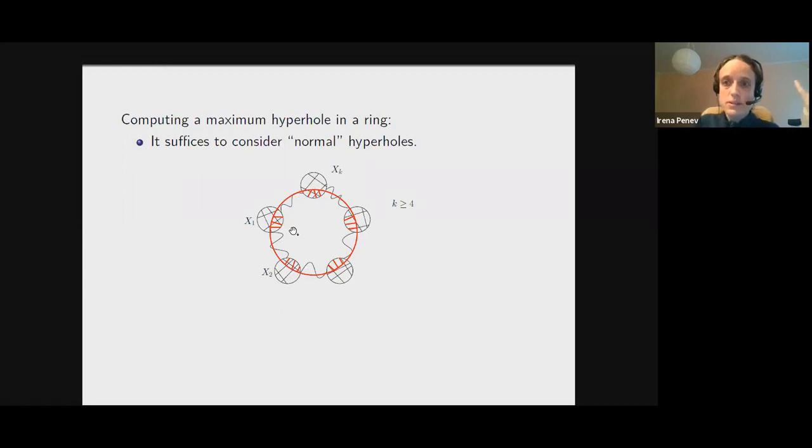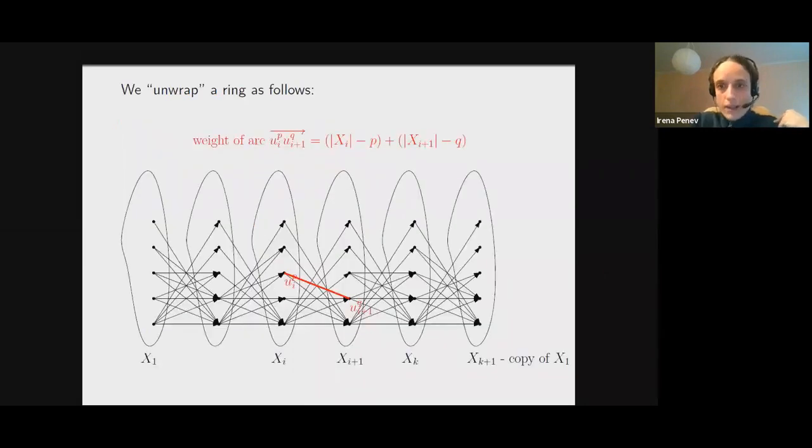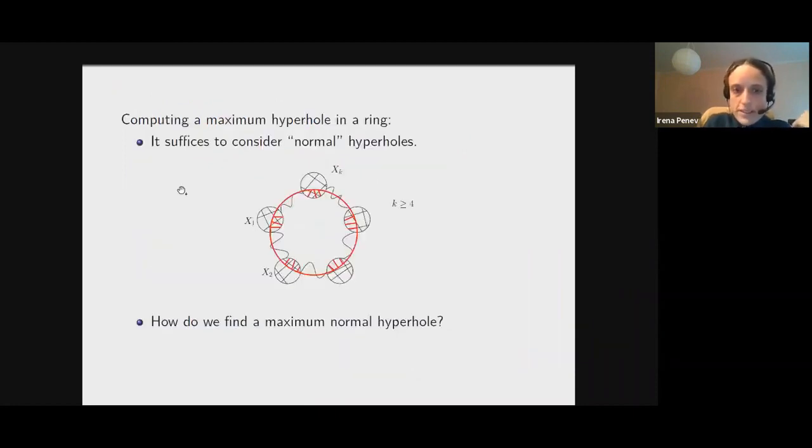And it's pretty easy to see that every maximum hyperhole, in fact, every inclusion-wise maximal hyperhole is going to be normal. So I just need to find the maximum normal hyperhole. So how do we do that? Well, what I do is I unwrap my ring as follows. So I had these X's, remember.